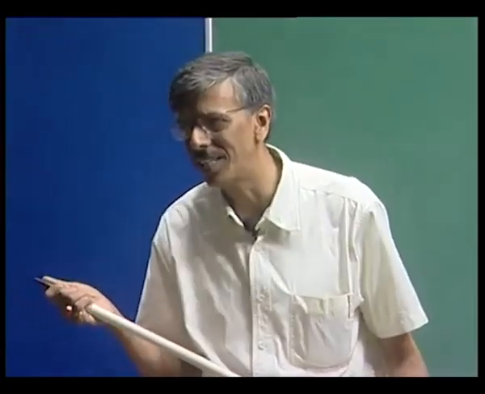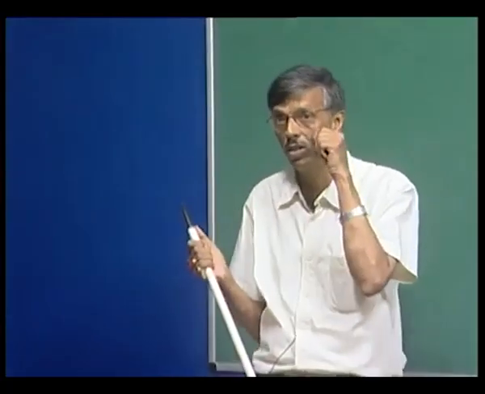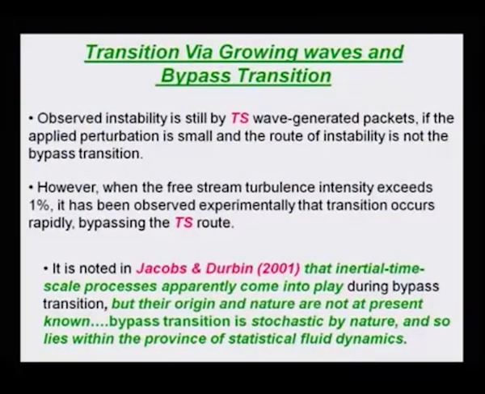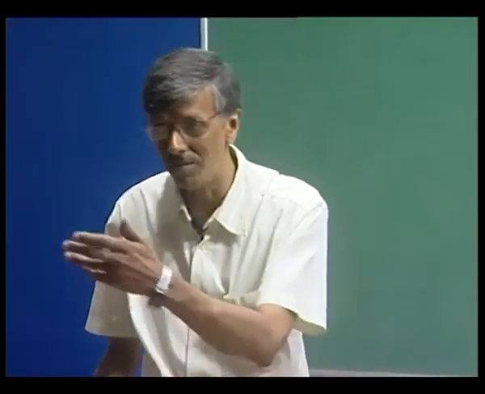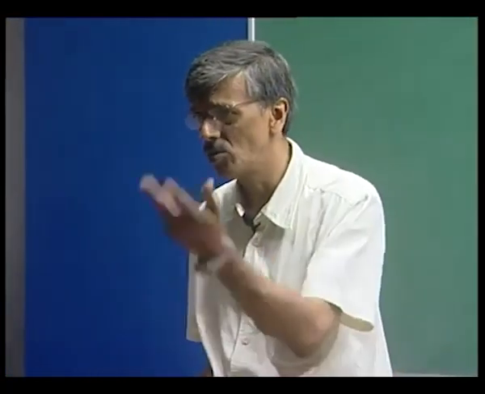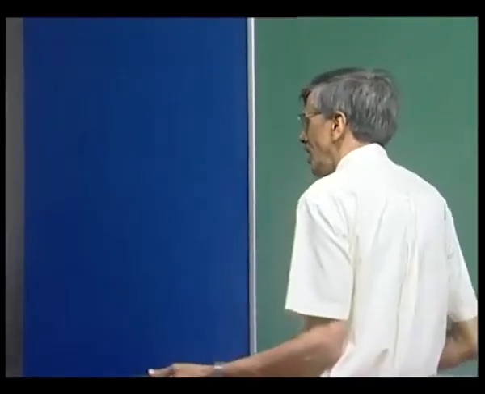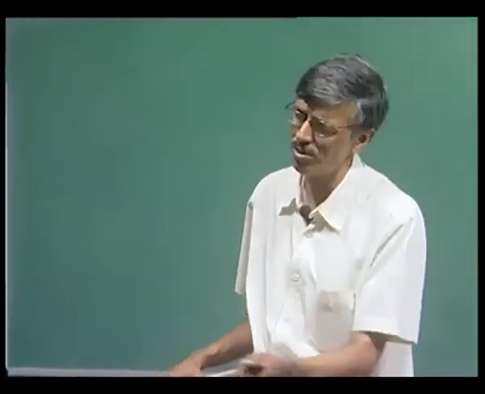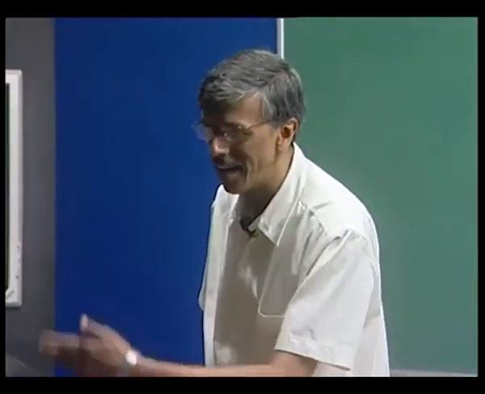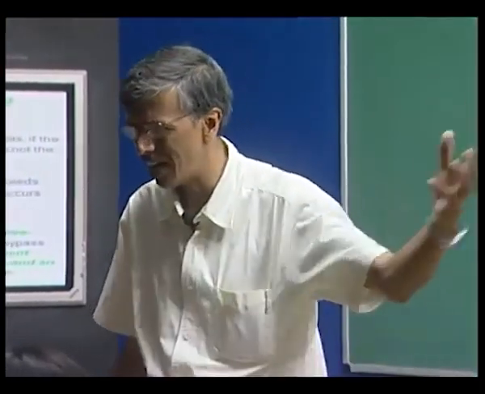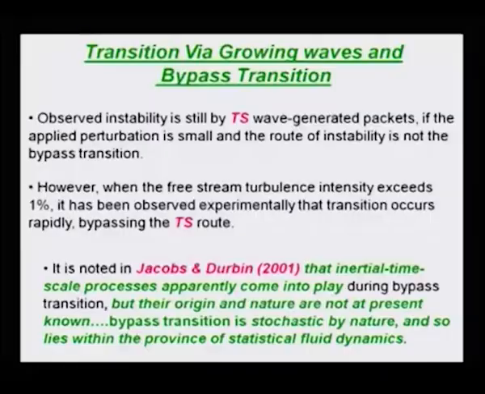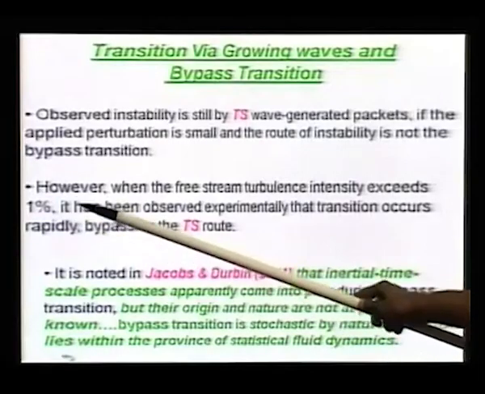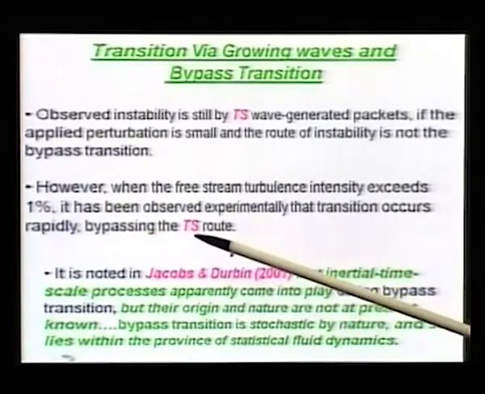But when you look at internal flows like flow inside a combustion chamber or turbomachines, this may be considered even moderate, right? Immediately after the combustion chamber, you could have a free stream turbulence level close to 2 to 5%. So that's quite common. And another place in external aerodynamics where you could have very large free stream turbulence is wind aerodynamics. In civil structures, you talk about gusts of wind coming. So in a storm, if you want to study, it's that kind of scenario. So if you have an FST level higher than 1%, then you bypass the TS route.